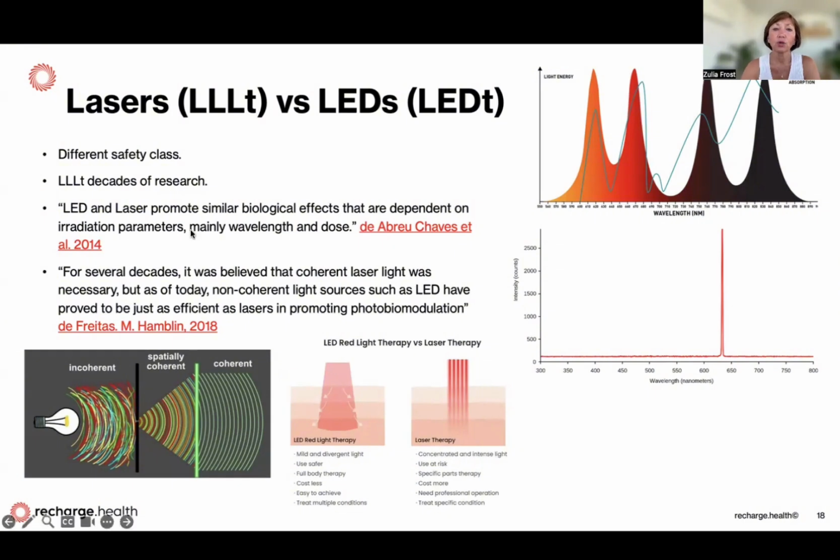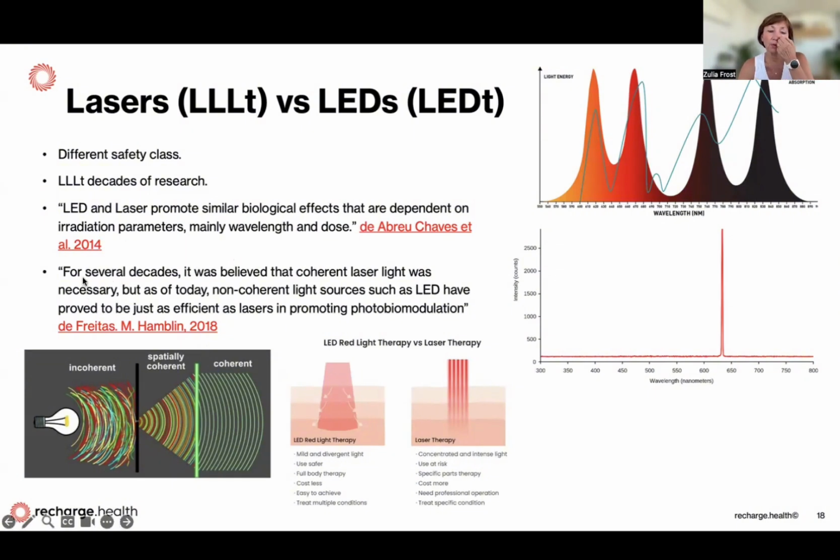And this is for you. I've got the links to these two researchers. It says LED and laser promote similar biological effects that are dependent on irradiation parameters, mainly wavelengths and the dose. Not by source, but by radiation parameters. If you get the parameters right, you're going to have photostimulation.